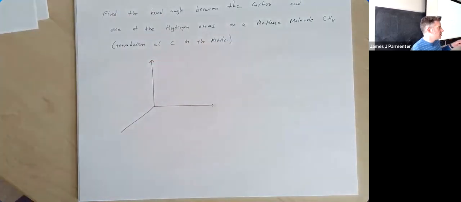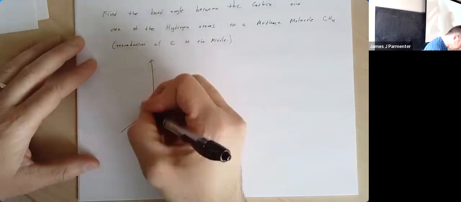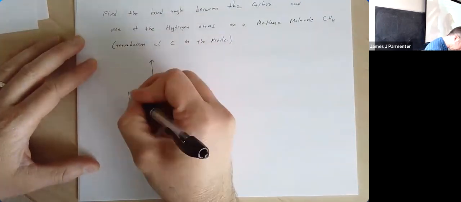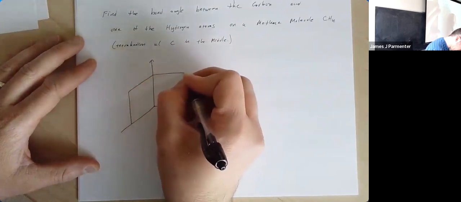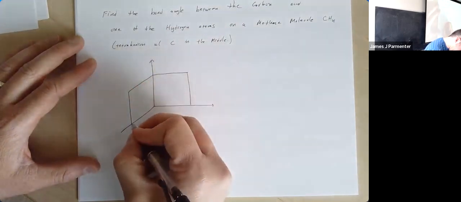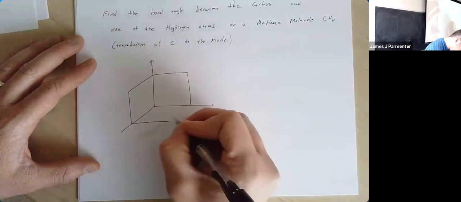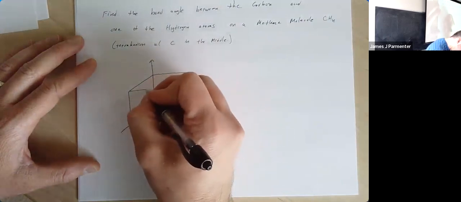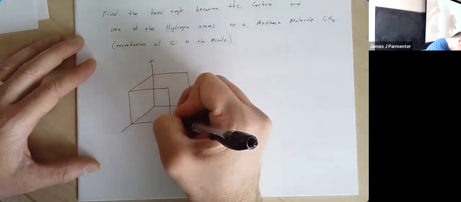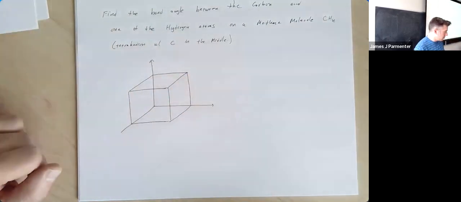So a tetrahedron, you can think of as kind of like the opposite corners of a cube on top and the opposite corners of a cube on the bottom. Let me show you what I mean. So here's a cube. Can I draw a cube? Maybe. Probably. Great, there's a cube.